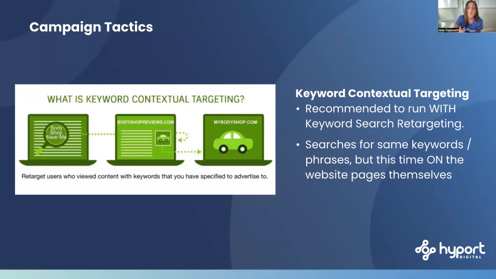Let's say that you are a realtor and you develop a list of keywords or phrases related to the home buying and selling process, and all the things that a potential target audience person could be seeing or engaging with. If this user ends up on a website like Zillow, and it has your keywords and your phrases present within the content that consumer is reading, that user becomes a candidate for retargeting.